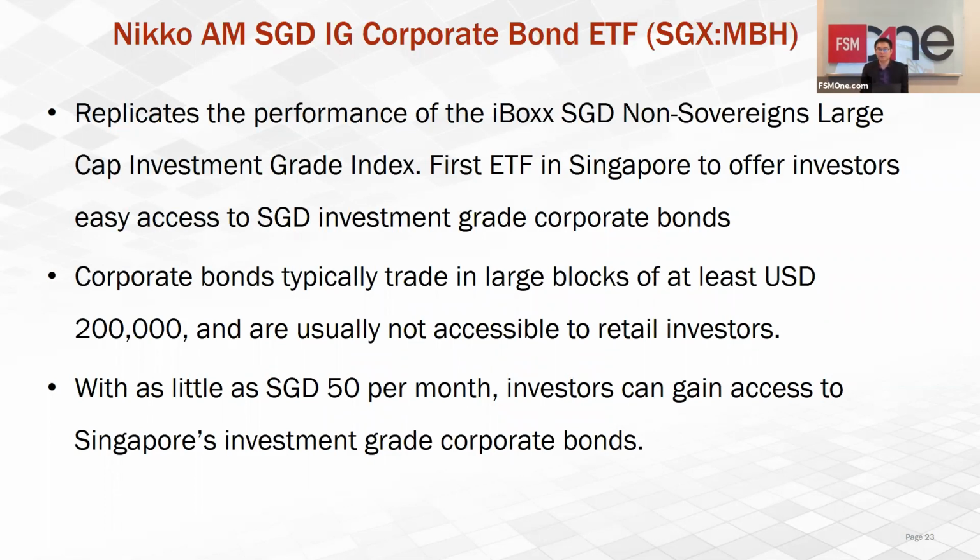Because with just $50 a month, with as little as $50 a month, you can actually gain access to Singapore's investment grade corporate bond space, which was previously inaccessible to most retail investors.